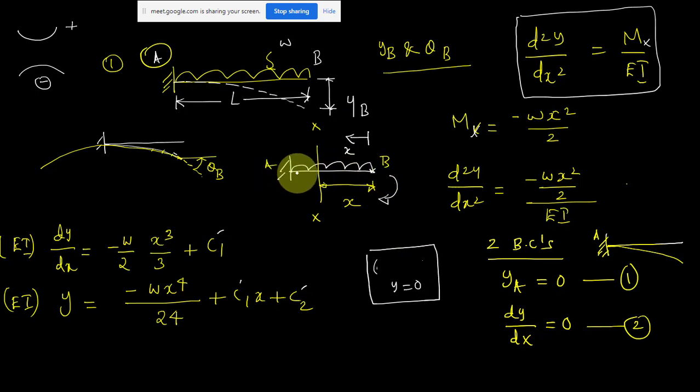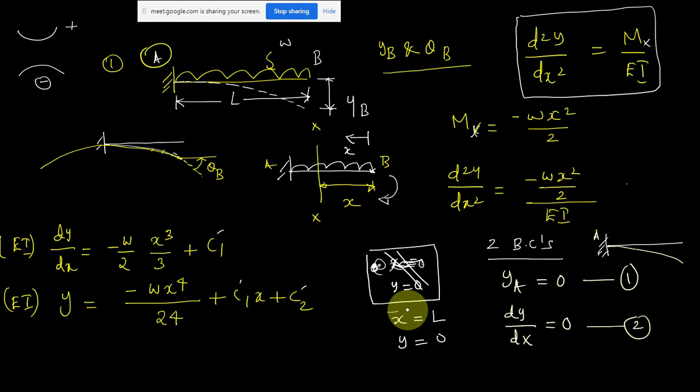When you want to find something at point A, your x will be equal to L. So the deflection at A is equal to 0. That means whenever x equals L, your deflection is 0.